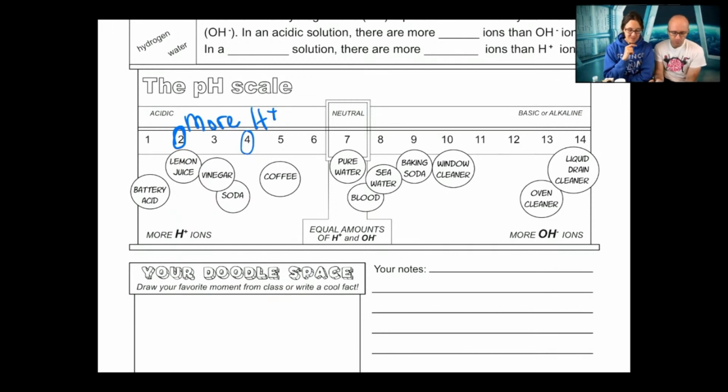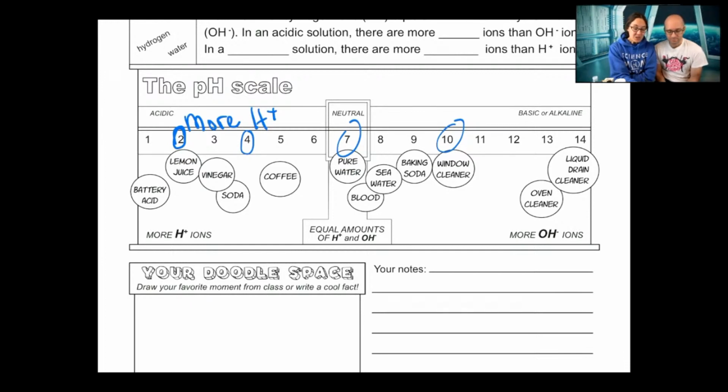Suppose we went from this pure water up to window cleaner. So how much more basic would the window cleaner be? What's the change in the concentration, by what factor? All right, I can do this. We're going to go 10 times more, 100 times more, 1,000 times more. 1,000 times the concentration. Whoa.